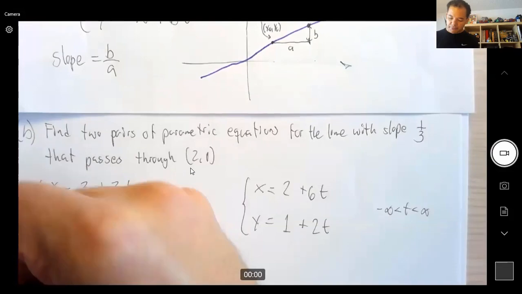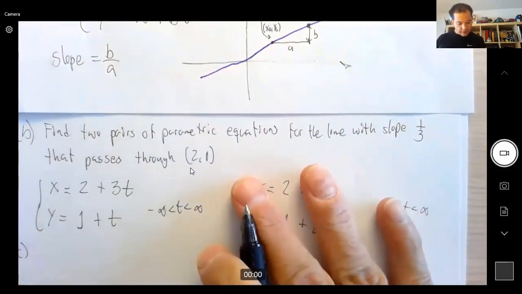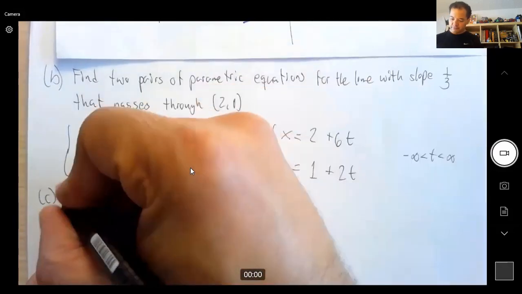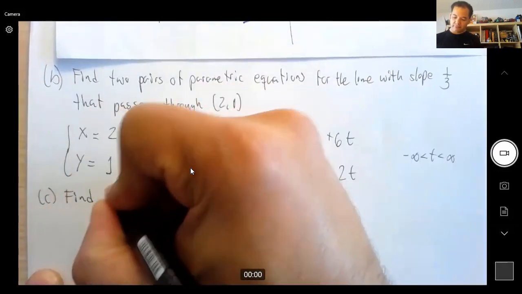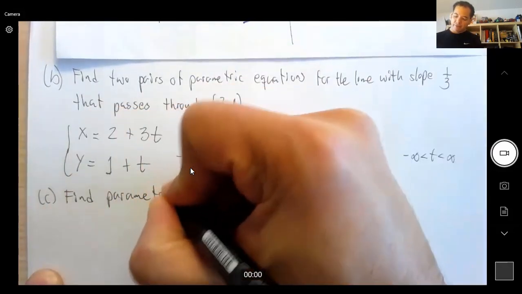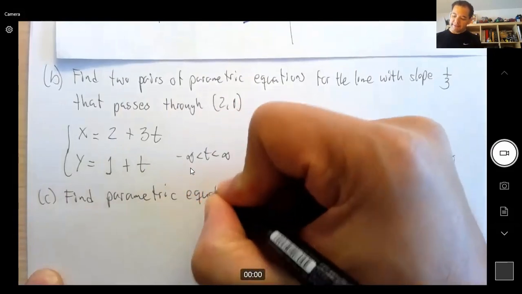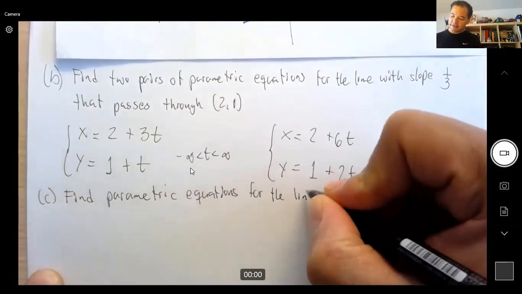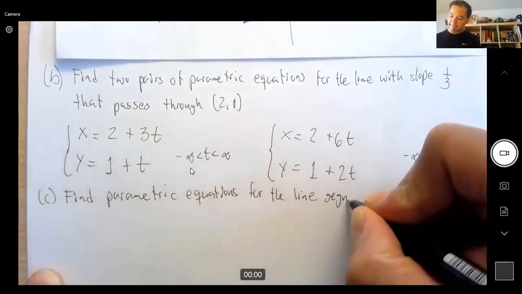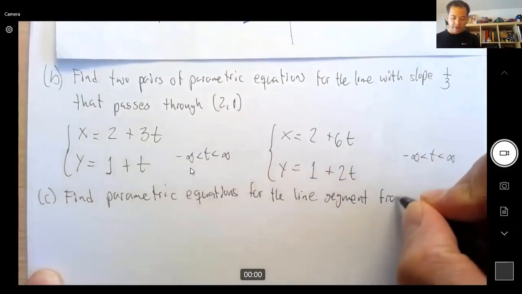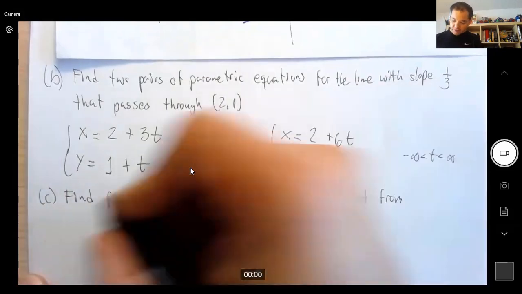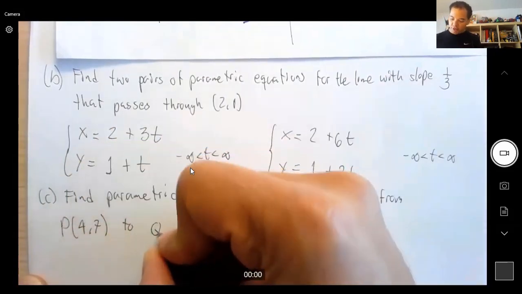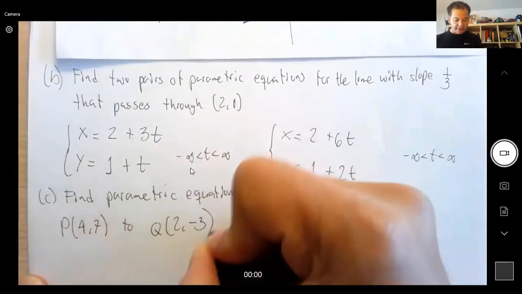So this is example C. Find parametric equations for the line segment from the point P 4, 7 to Q 2, -3.